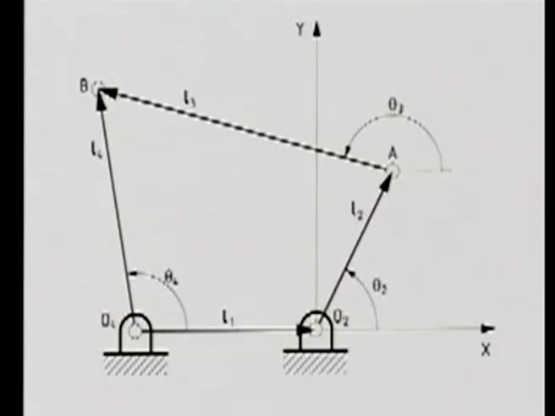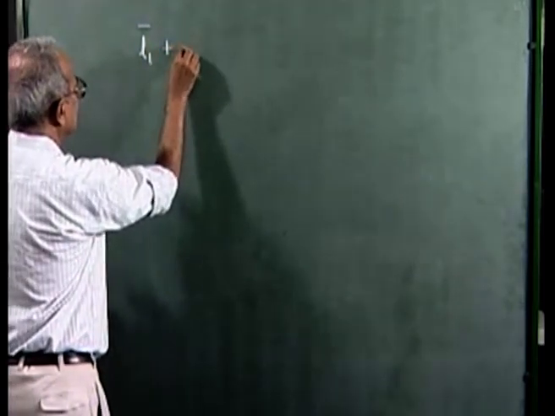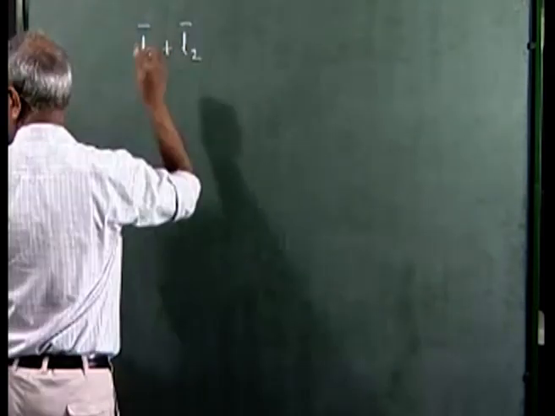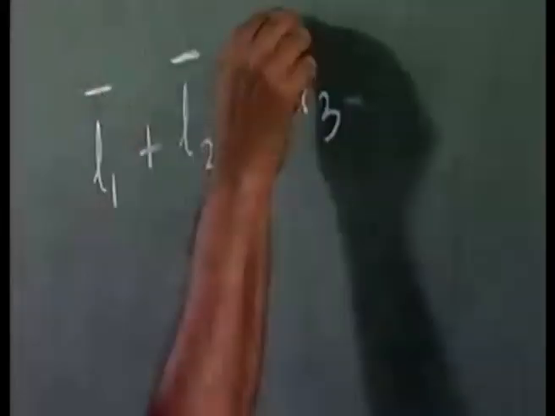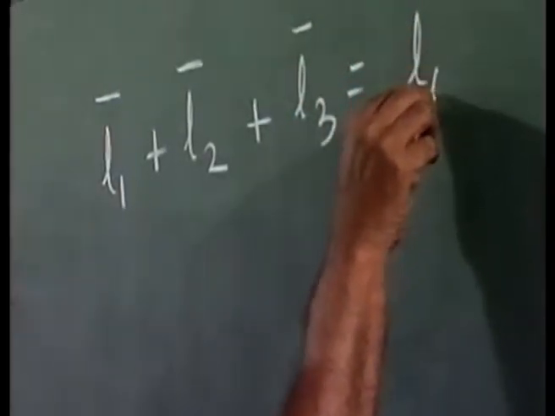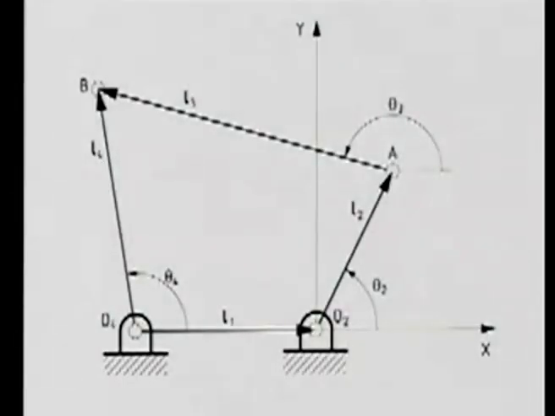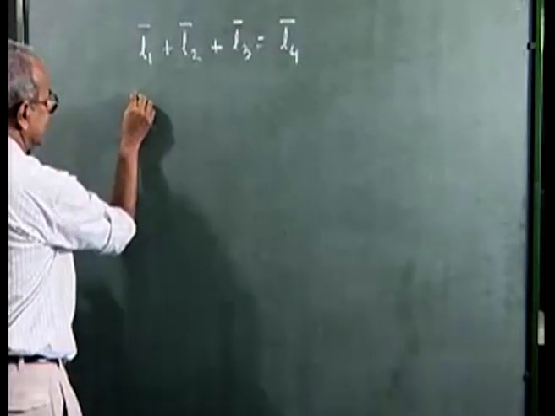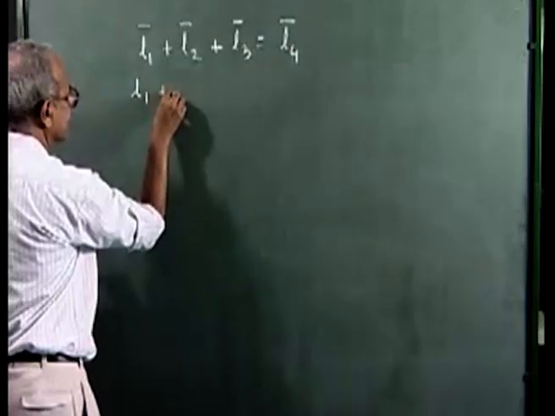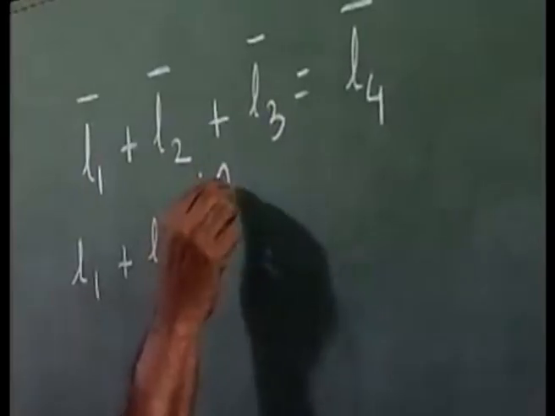So let me write now the loop closure equation. Vector L1 plus vector L2 plus vector L3 is vector L4. This is exactly the same as we did in the displacement analysis. So let me write now these two-dimensional vectors in terms of complex exponential notation, that is L1 plus L2 e to the power i theta 2.